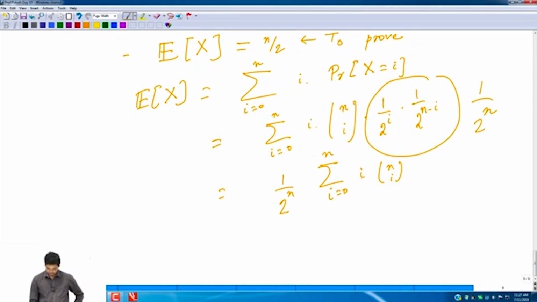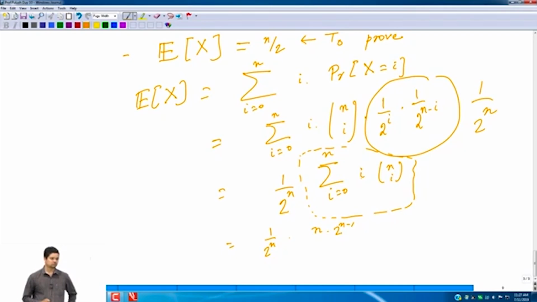And again, using high school math, it can be proved that this sum is n times 2 to the n minus 1. You do the usual calculus, write the binomial expansion, differentiate with respect to x, put x equal to 1, and so this is n by 2.